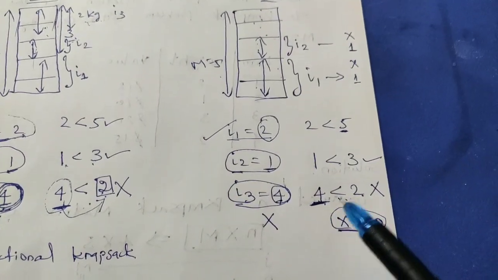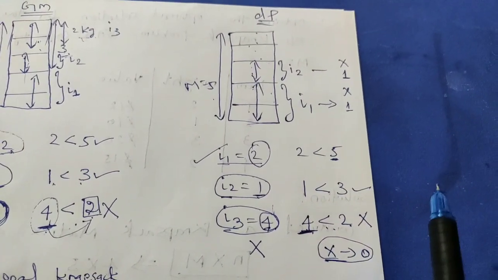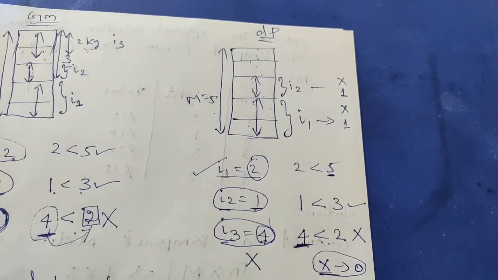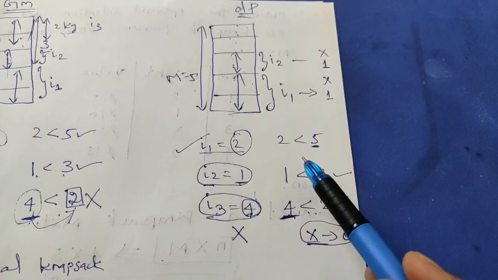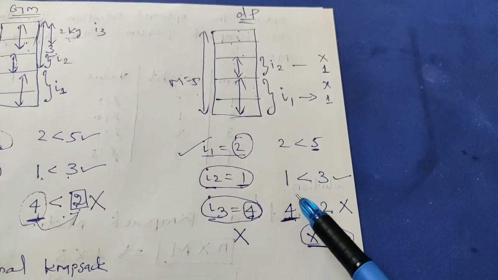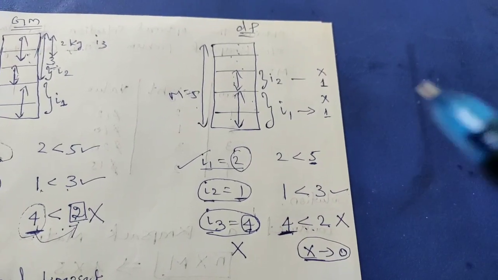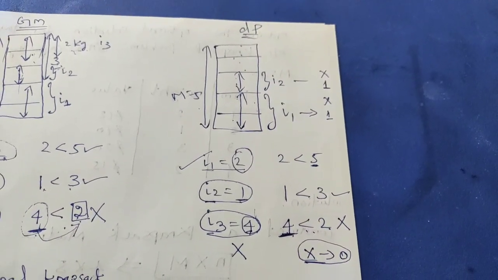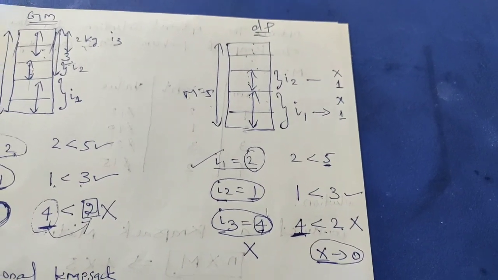But here, either you can place the item completely into the knapsack, or you just leave the item and go for the next item. If you are not able to place an item into the knapsack, you will not go for finding the fraction of the item. Either include the item completely or leave it. There is no chance of finding a fraction of the item and including it into the knapsack.